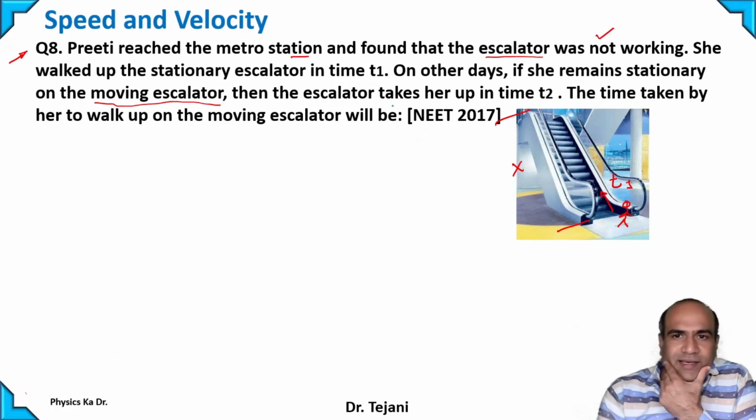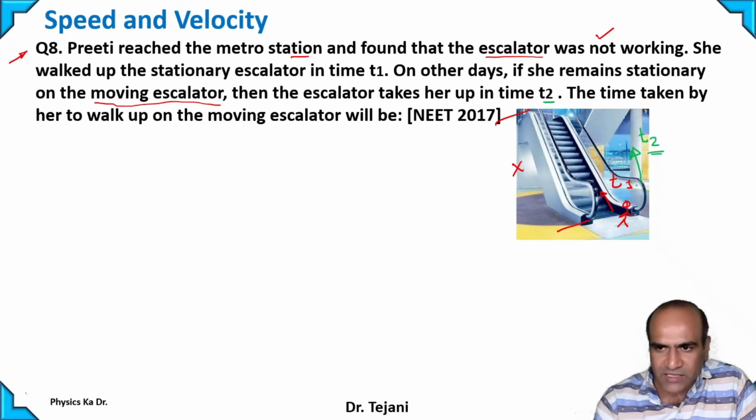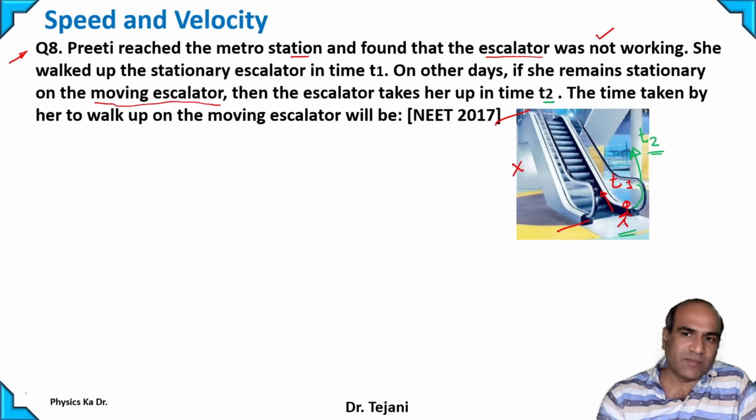Then the escalator takes her up in time t2, right? So if she stands on the escalator and moves to the upper side, that is taken by t2. That means t1 is the time taken by her alone when the escalator is not working. In the second case, the time taken by the escalator, because she is not moving, she is just stationary, is t2.